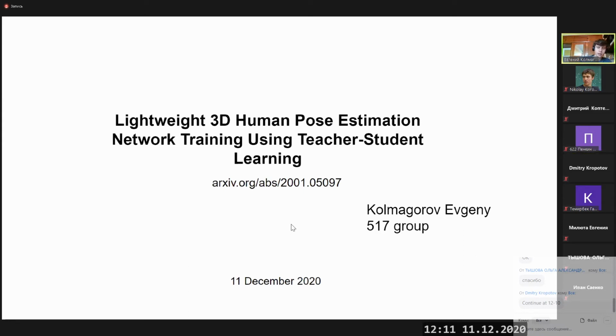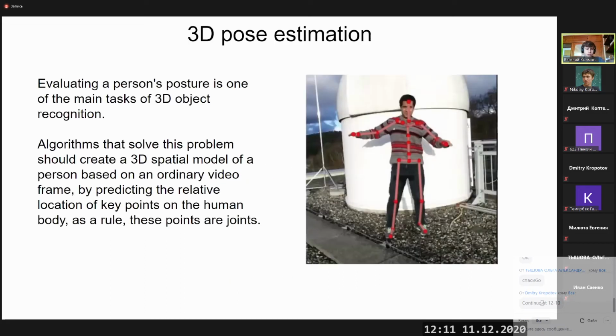Okay. I would like to tell you about a lightweight three-dimensional human pose estimation network with training using teacher-student learning. Human pose estimation plays an important role in understanding people's actions and has received some attention from the computer vision community in the last few years.